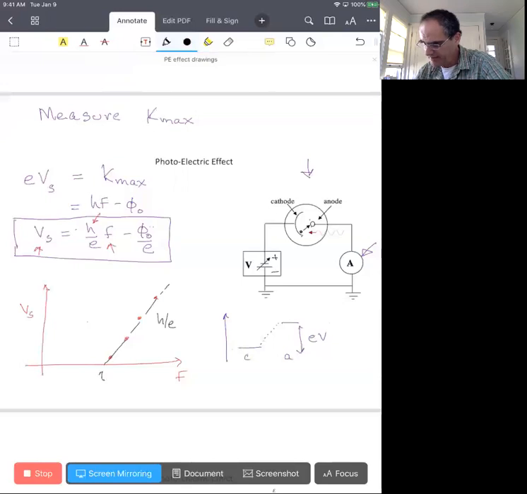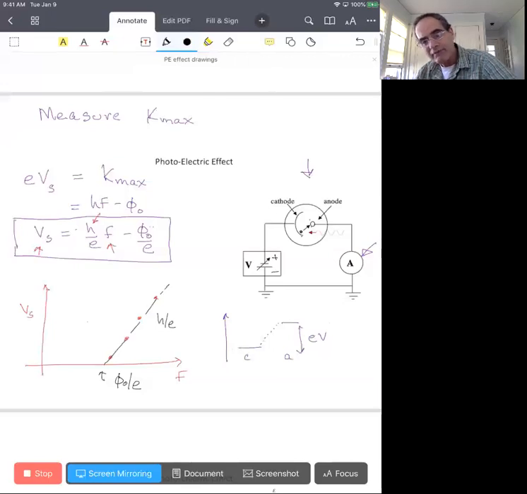While the intercept of the line will be the work function over e. So according to Einstein's theory, we can do this experiment and we should find that the stopping voltage is linearly related to the light frequency. It's hard to explain that relationship in any other way than with Einstein's theory. So that's strong confirmation of the theory.